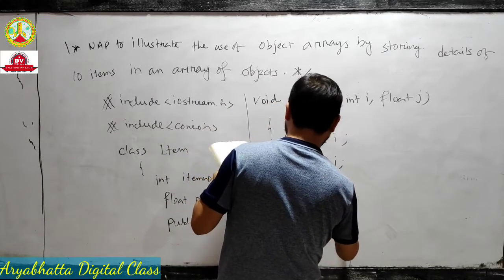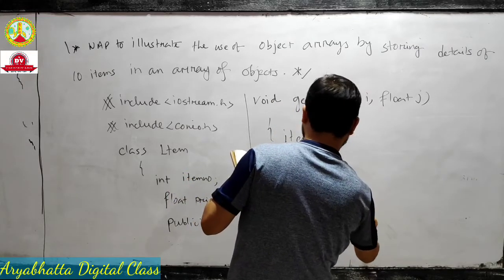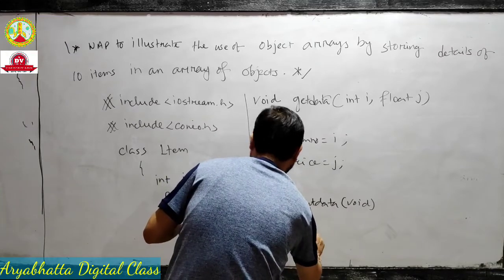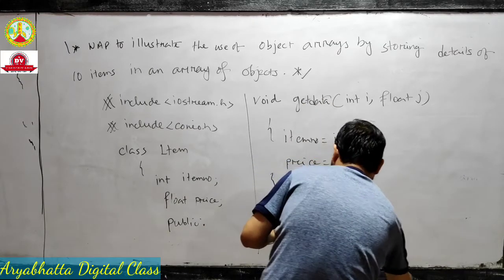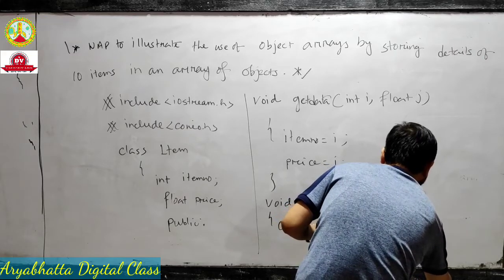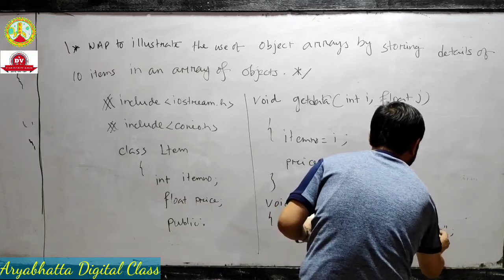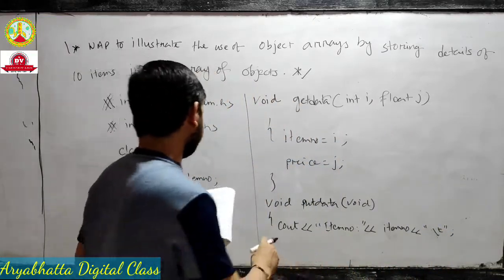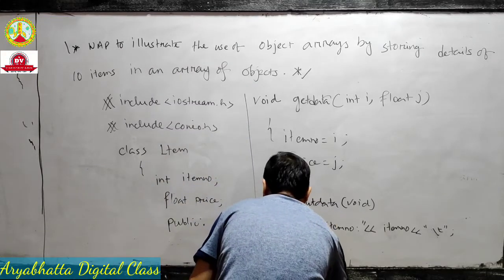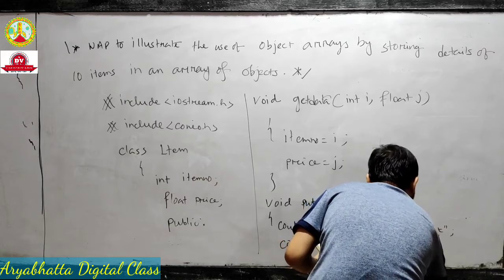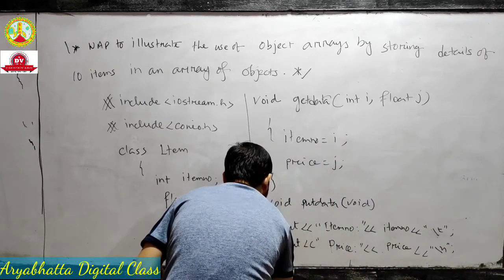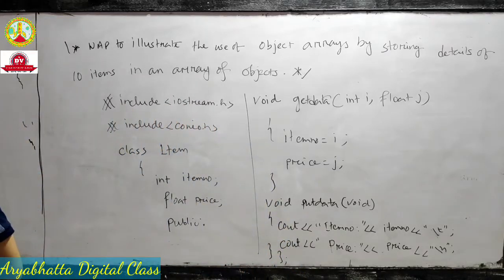Next, void putdata. Backslash t, I hope you know, is for tab, meaning 8 spaces.